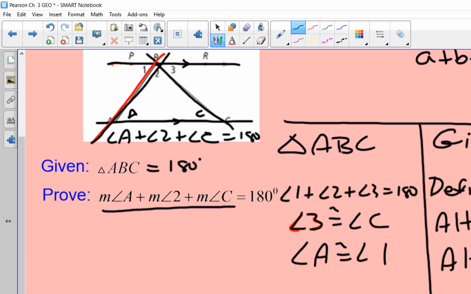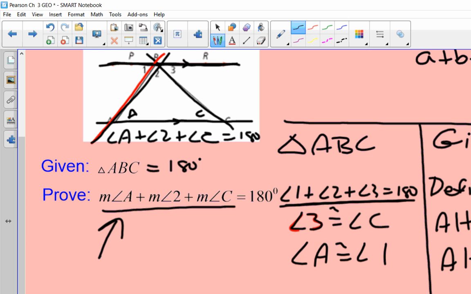Now I'm going to go back to what I have to prove here for a second. I'm trying to prove this, and I wrote this out at the very beginning. This line up here was made by those 3 angles, and I stated that because, hey, I saw it, I know I can say it, so I'm going to put it down.